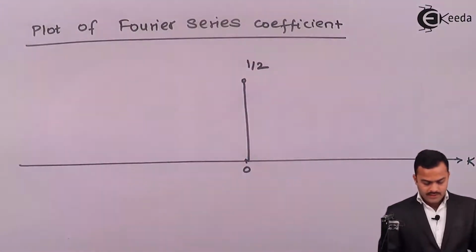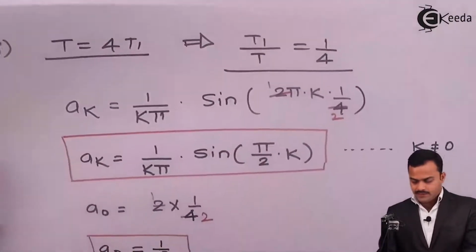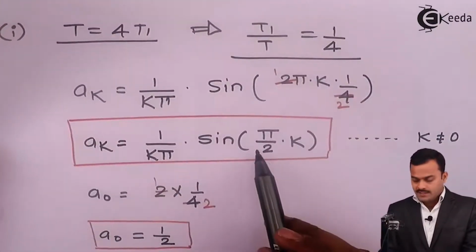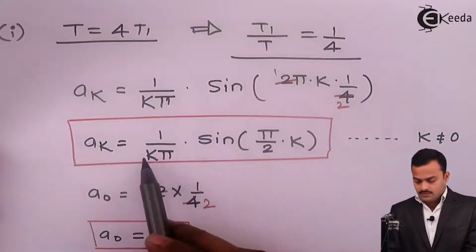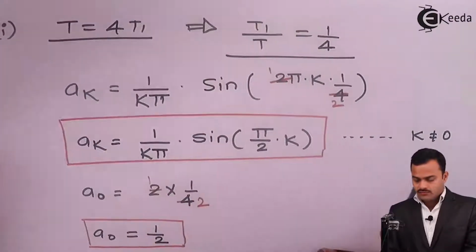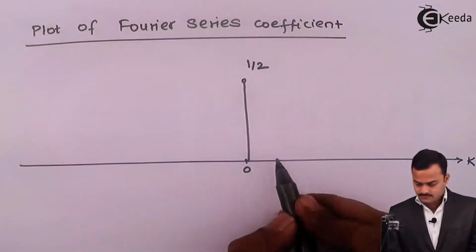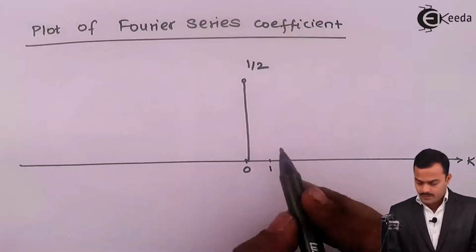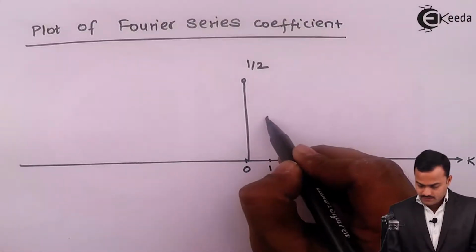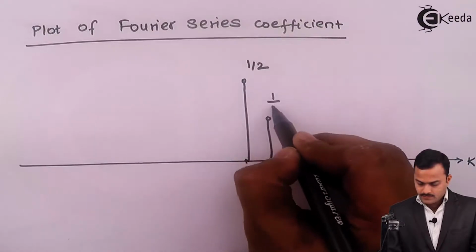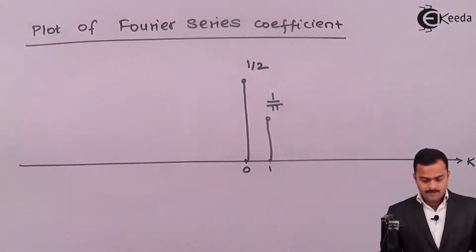Now, if I put k equal to 1, so which is the sine pi by 2, and sine pi by 2 is 1, but k is equal to 1 over here, so it's basically 1 upon pi. So for k equal to 1, it will be 1 by pi. So somewhere here we'll get the signal.